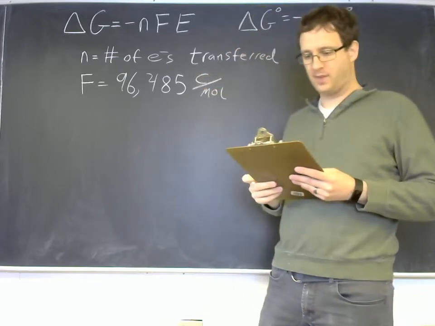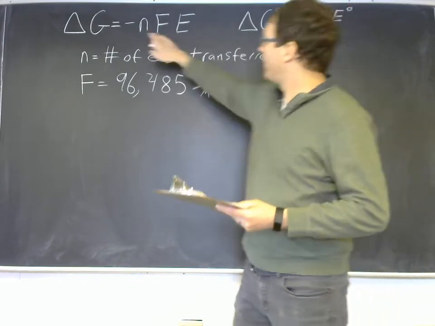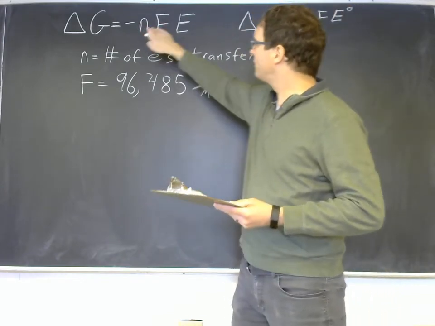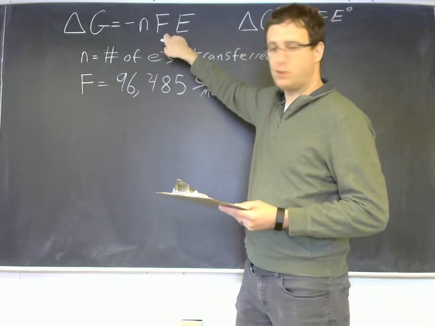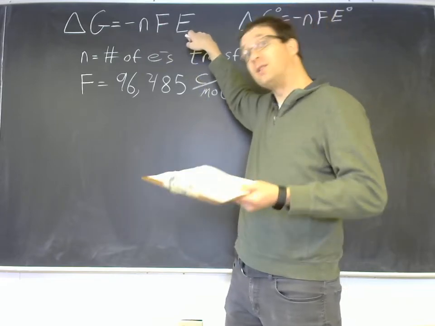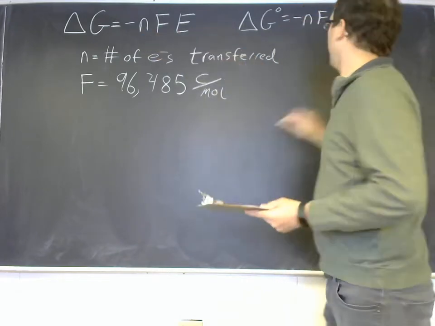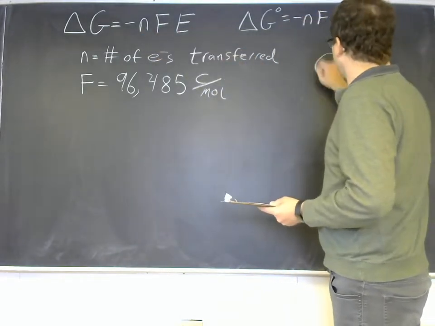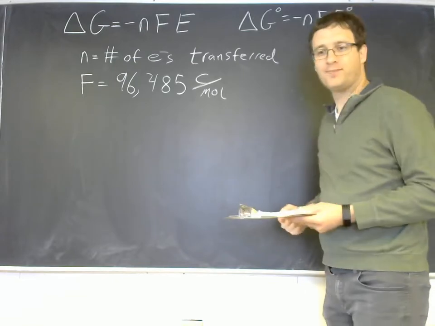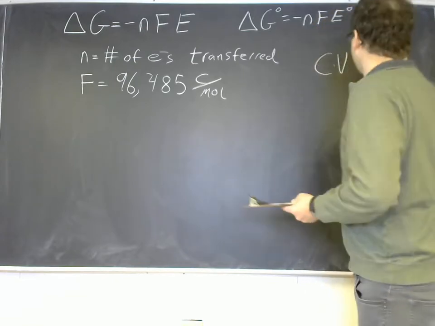Over here we have units of moles and coulombs per mole, and then volts is the unit for potential. And so on the right hand side what we ultimately have is a coulomb volt, and a coulomb volt is actually equal to a joule.